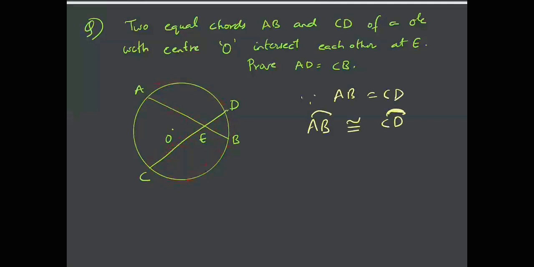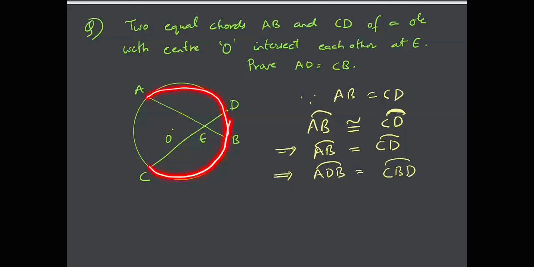Now, if these two arcs are congruent, it means that the length of arcs is also equal. To be more specific, let me write it this way: arc length ADB is equal to arc length CBD. So ADB is this arc and CBD is this arc.